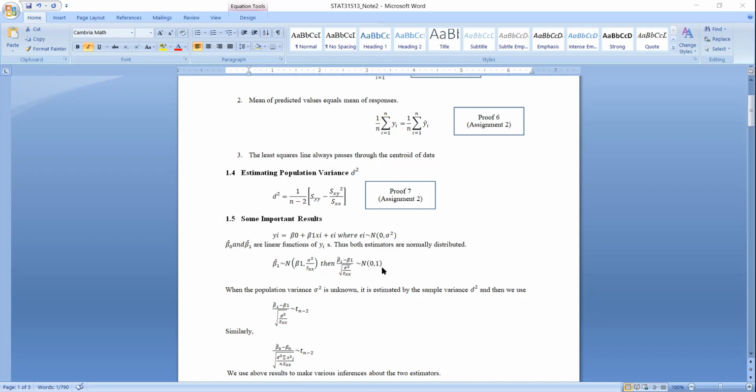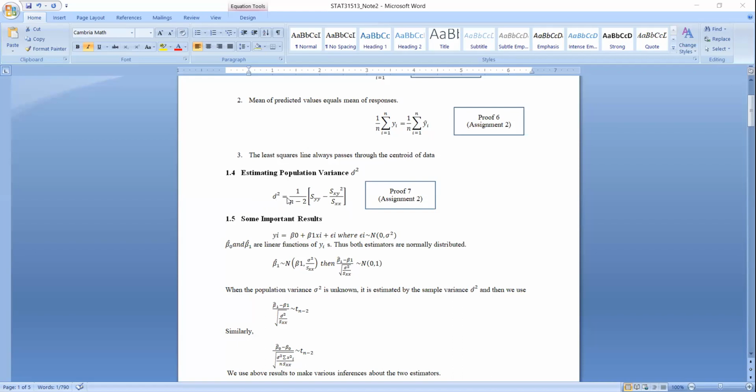Right, so in this case, you can see sigma squared is the population variance. But sometimes for some data sets, we don't know the value of the population variance. In such cases, we can use this estimator to estimate the population variance. You can see this is sigma squared hat.